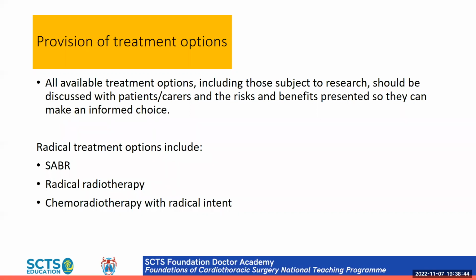The other radical treatment options that are available are radical radiotherapy, chemoradiotherapy with radical intent. So these are all things that can be offered to the patients and can have a good outcome, particularly in patients who are at high risk from surgery.